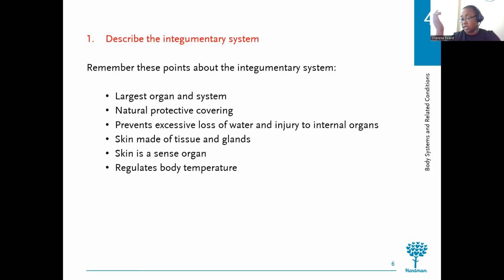This is our largest system in our body. It covers everything else. It is a protector. If it loses water, or it has a fever or something, it's going to try to regulate it. But you will see the signs if you're getting dehydrated, because your skin's going to get really, really dry.